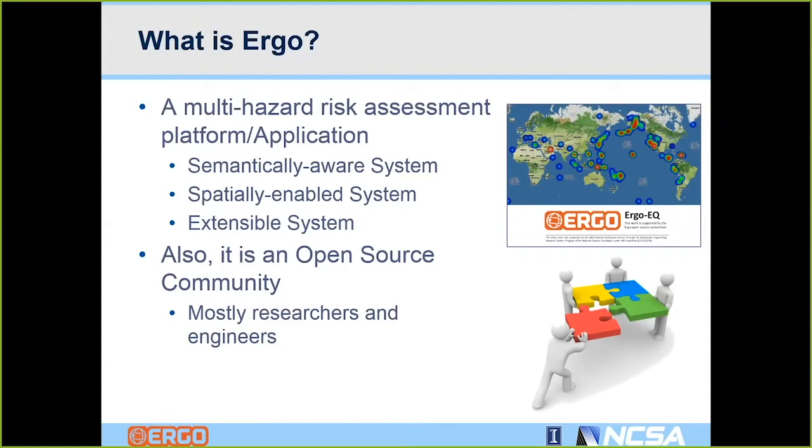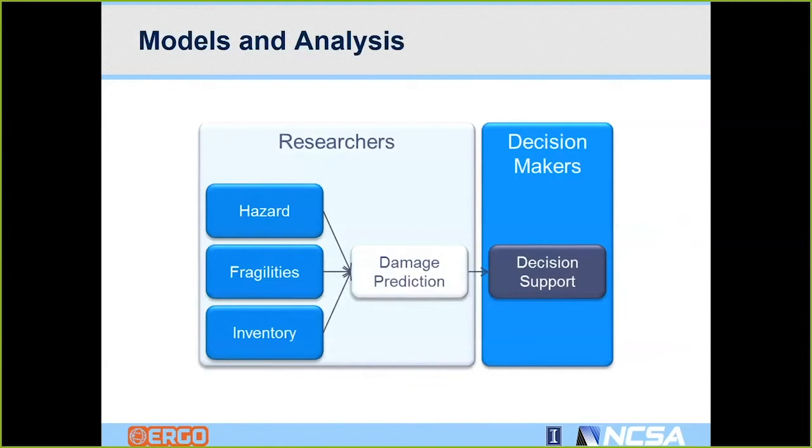It's open sourced, so right now mostly researchers and engineers are using it, adding new models, adding new capabilities. And so a typical product might look like this, where you have researchers on one side that are looking at how to model a particular hazard, how to understand the response of a structure to a new hazard type.